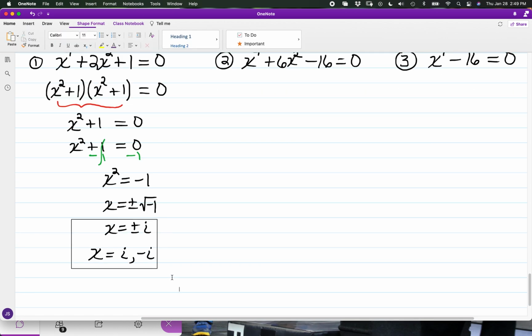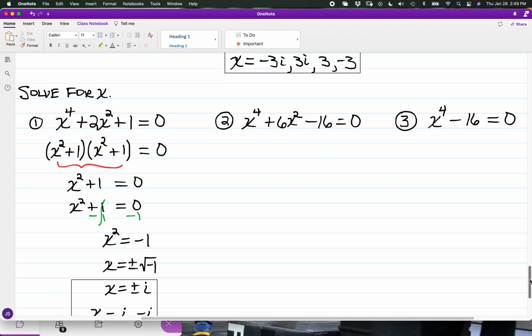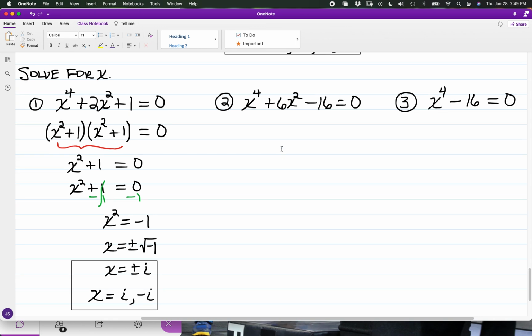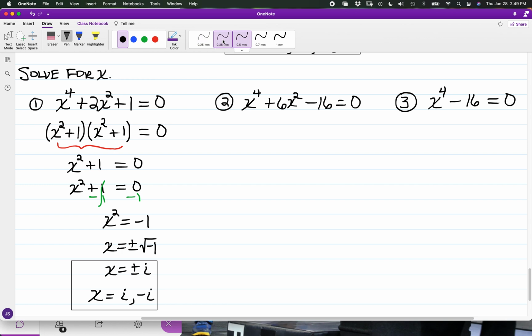Okay, now for the second problem, we have x to the fourth plus 6x squared minus 16 is equal to 0. And here I can factor to x squared plus 8, times the quantity x squared minus 2, and I have that is equal to 0.